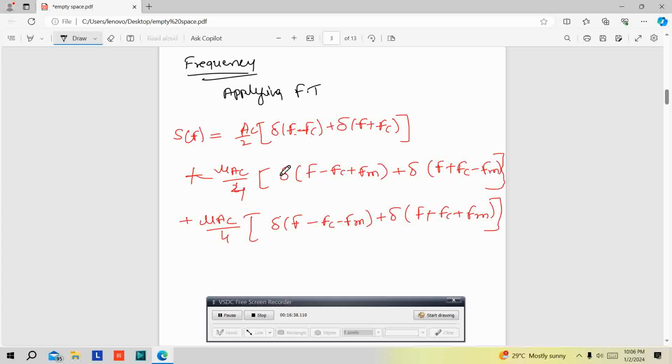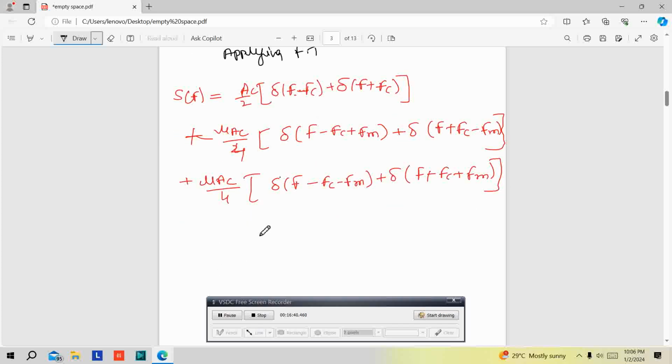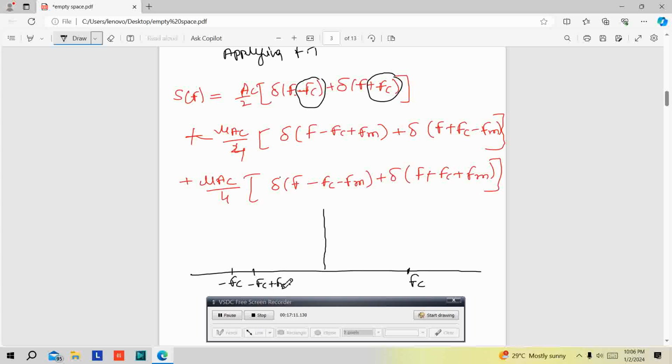Then here we need to sketch the spectrum. It is very simple. Mark plus fc somewhere here and minus fc somewhere here. Then minus fc plus fm, we add fm to minus fc, so we get it at this point.